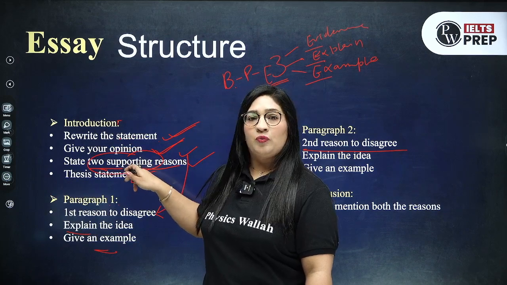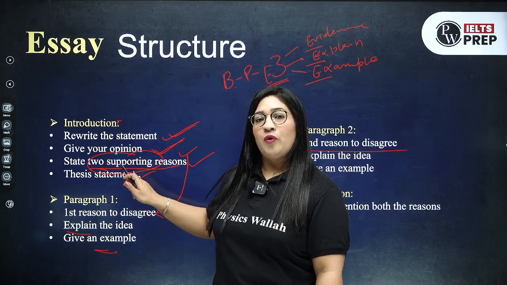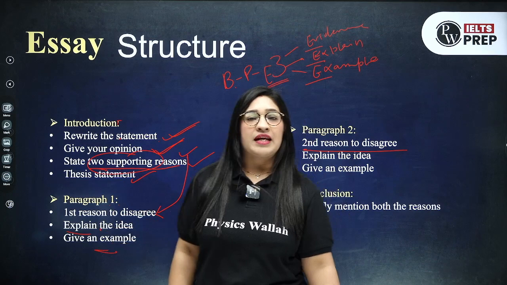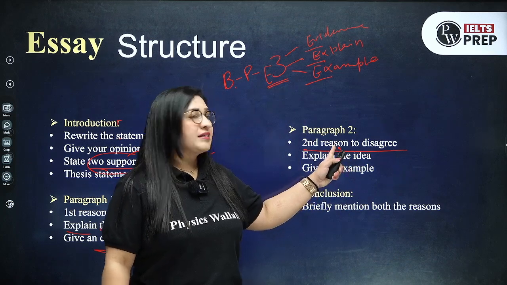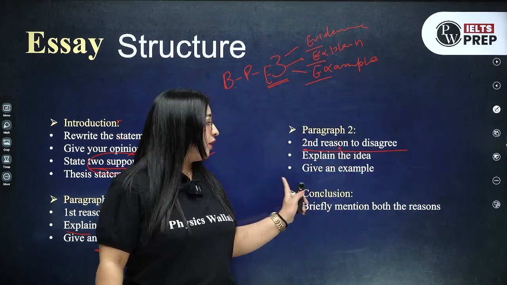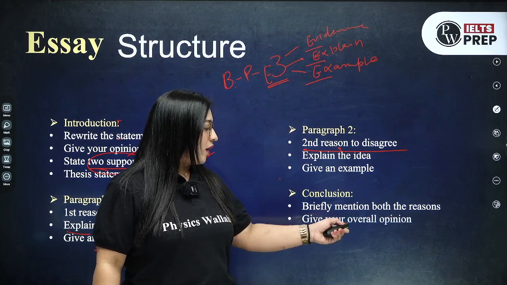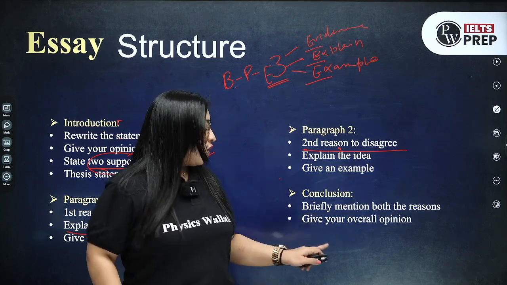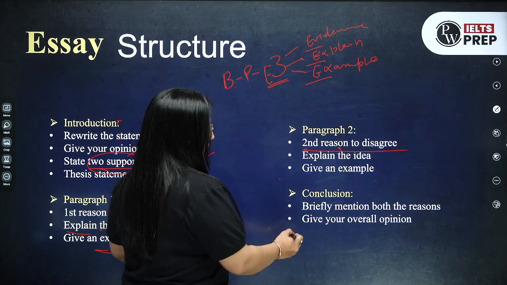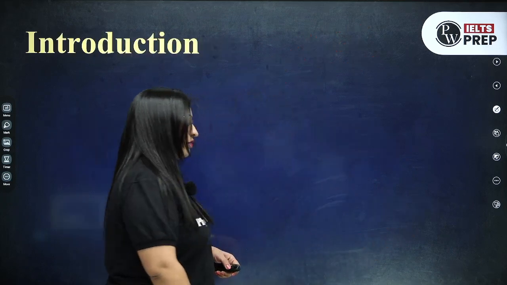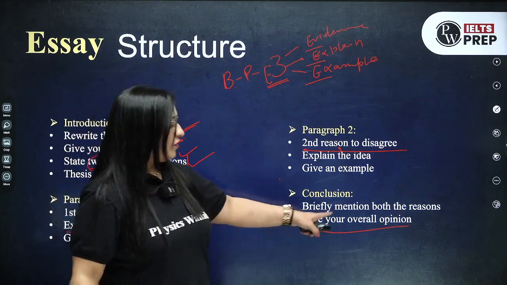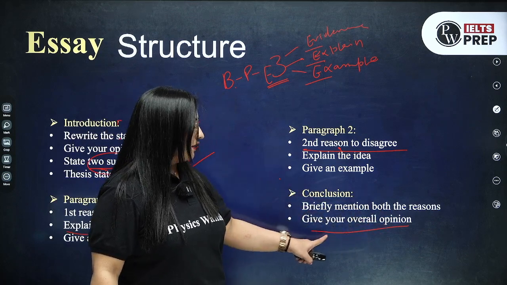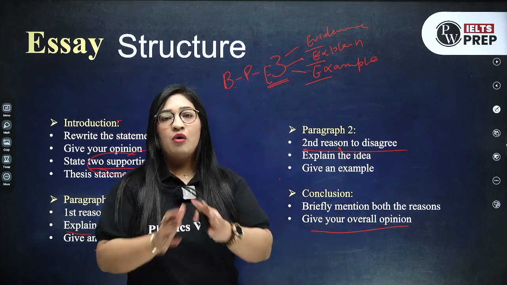Disagree क्यों करते हो? दोनों points लेके. फिर उन्हीं दोनों points को, point number 1 को 1 paragraph में describe किया, point number 2 को second में describe किया, और अपने conclusion में दोनों ही points को आपने briefly mention किया और अपने overview, अपने opinion को दोबारा से write किया, right? So this is briefly mention both the reasons and give your overall opinion. So how connected it is, right?